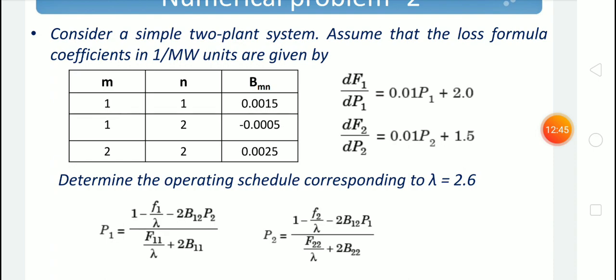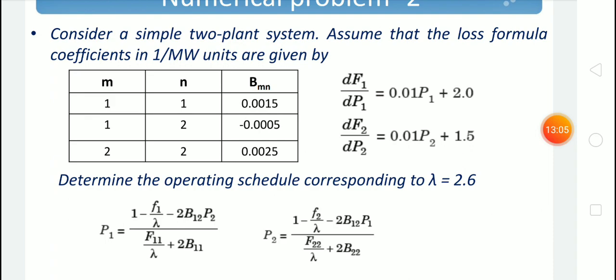Here there are only 2 buses, 1 and 2. So in the first case, when we are considering p1 and m not equal to n, we have to consider only m equal to 2. When we are considering p2, we can consider m equal to 1. Like that.